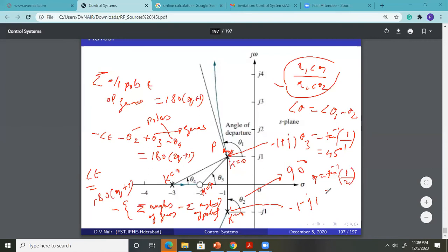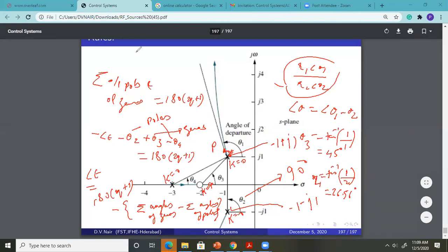So tan inverse of 0.5 is how much? 26.56. So that is theta 4, right?